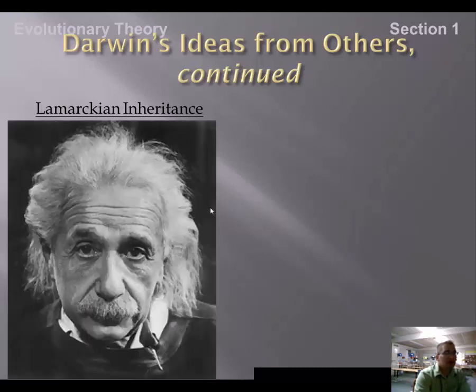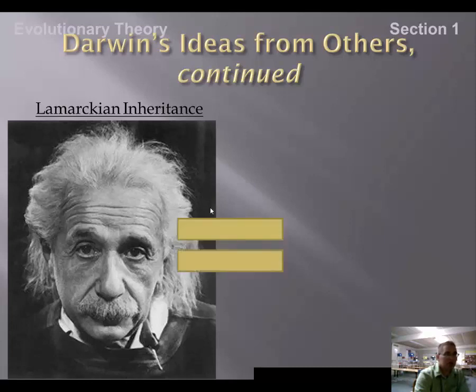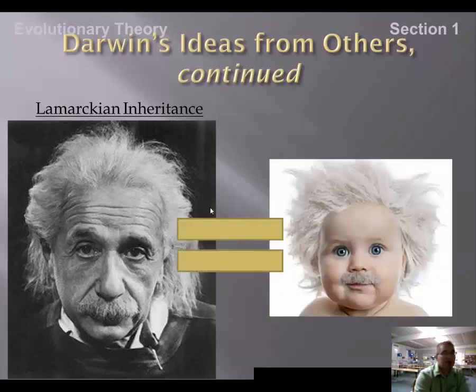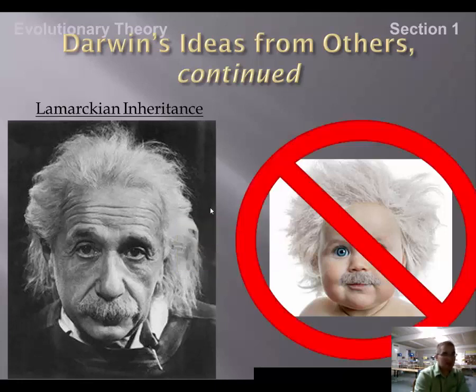So what Lamarck said was that if an organism was smart and learned over the course of its lifetime and continued to get smarter and smarter, it would have a child that would be the same intelligence. We know that that is now not true. There is no genetic basis for intelligence.